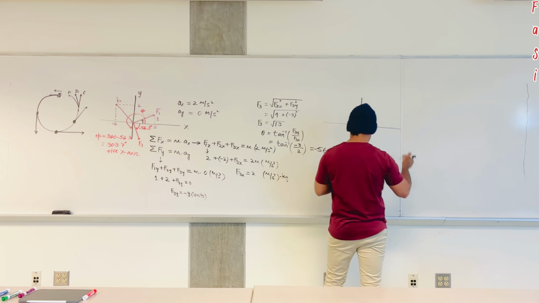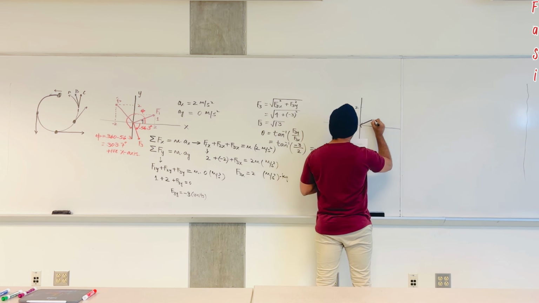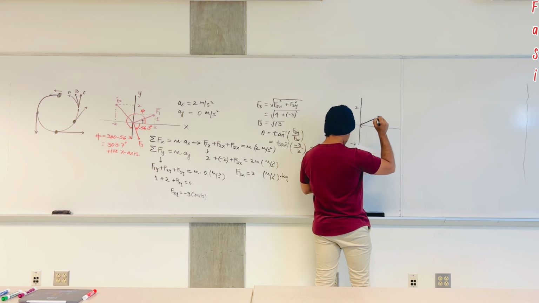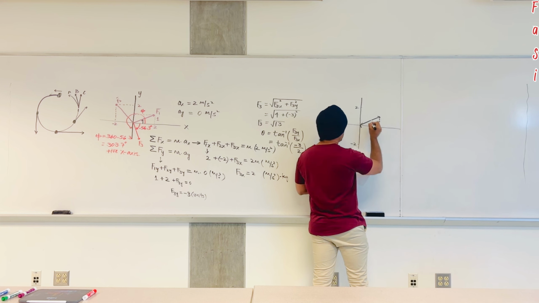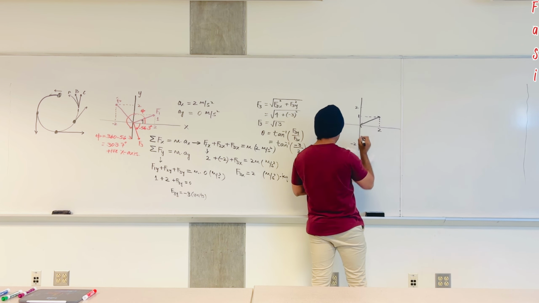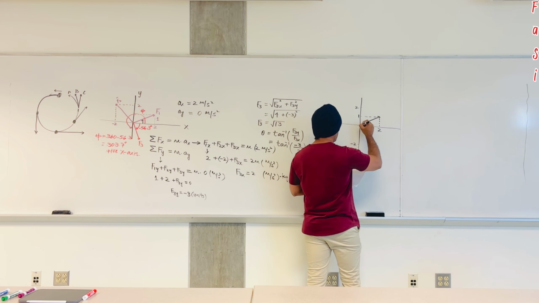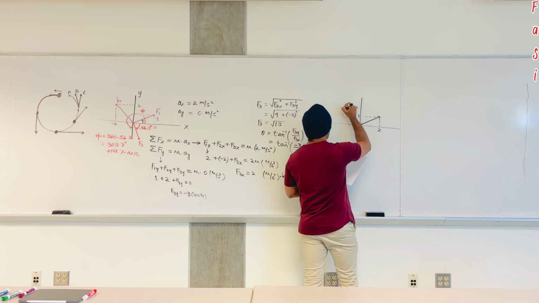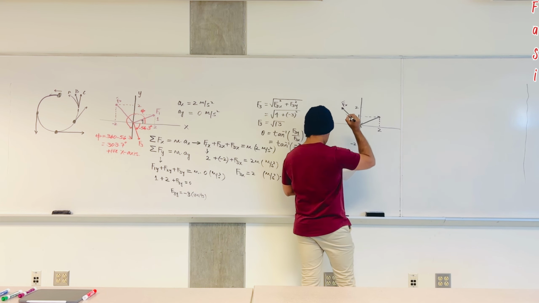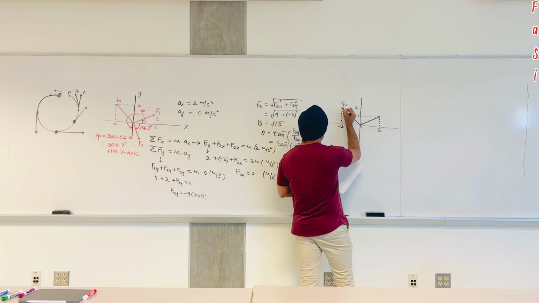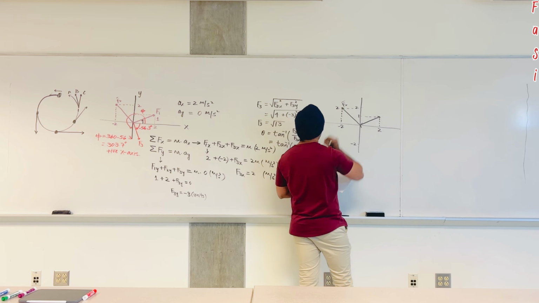Okay, the third one is F1 is in this direction, and its x value is 2, y value is 1. Then we have F2 in this direction. Both are 2. So x value is -2, y value is +2.